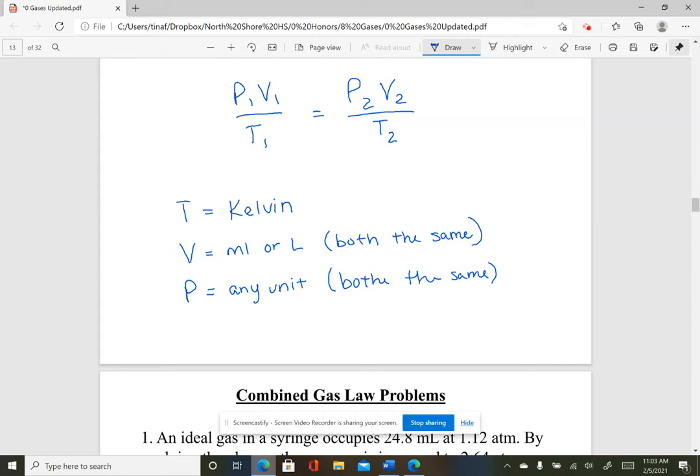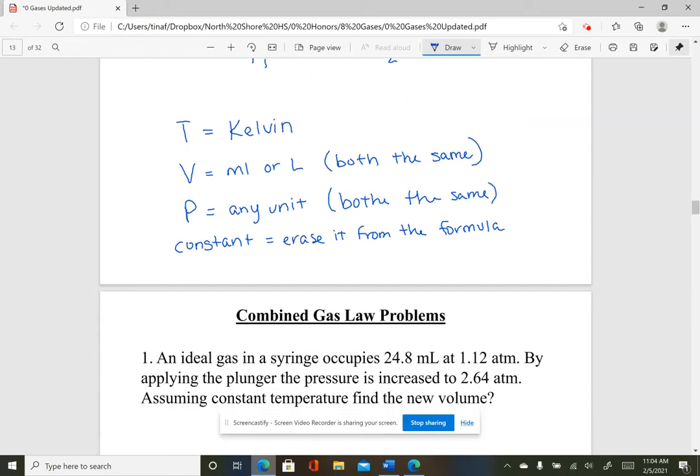If they tell you that something stays constant, that means you can erase it from the formula. Okay, so the best way to understand this, guys, is to just go ahead and look at an example.